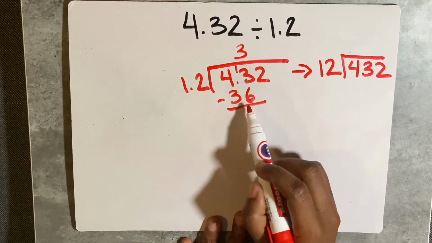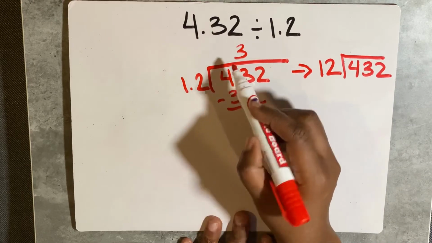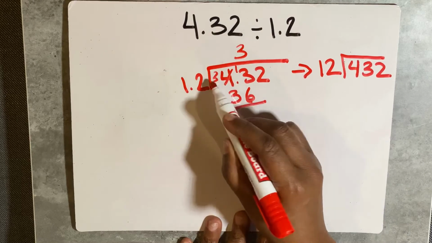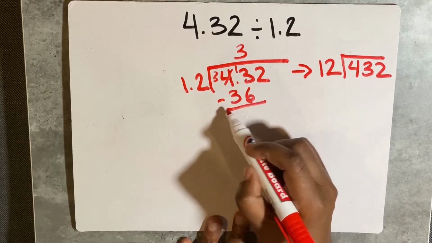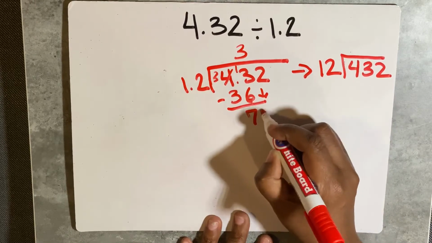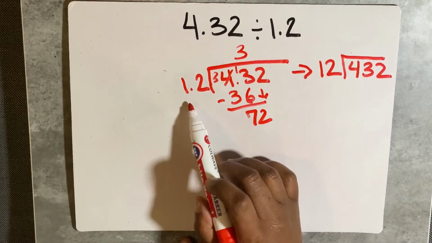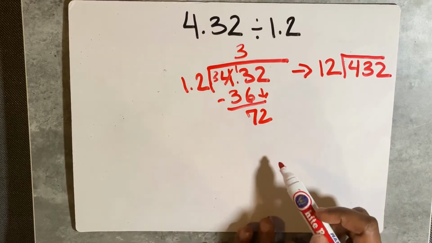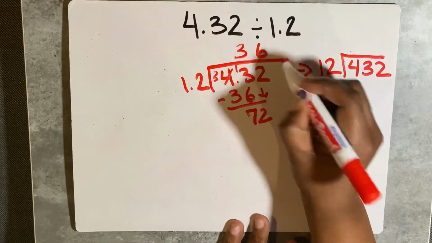Well, I cannot take 6 from 3, so I have to give it 13, which reduces that 4 to 3. 13 minus 6 is a 7. I bring down my 2, and I do it again. 12 can go into 72 6 times.